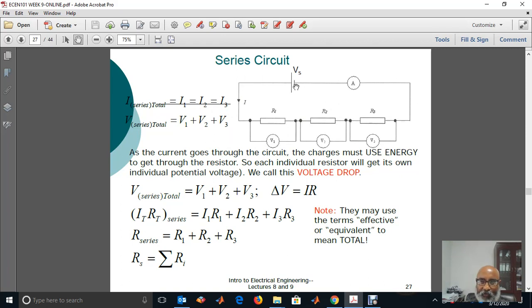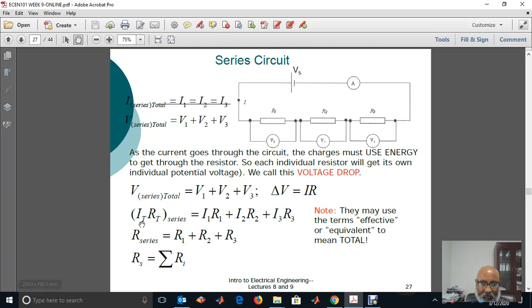Using Kirchhoff's voltage law, we can find that the total voltage Vs, the source voltage, equals V1 plus V2 plus V3. But V1 is I1 times R1, V2 is I2 times R2, and V3 is I3 times R3.